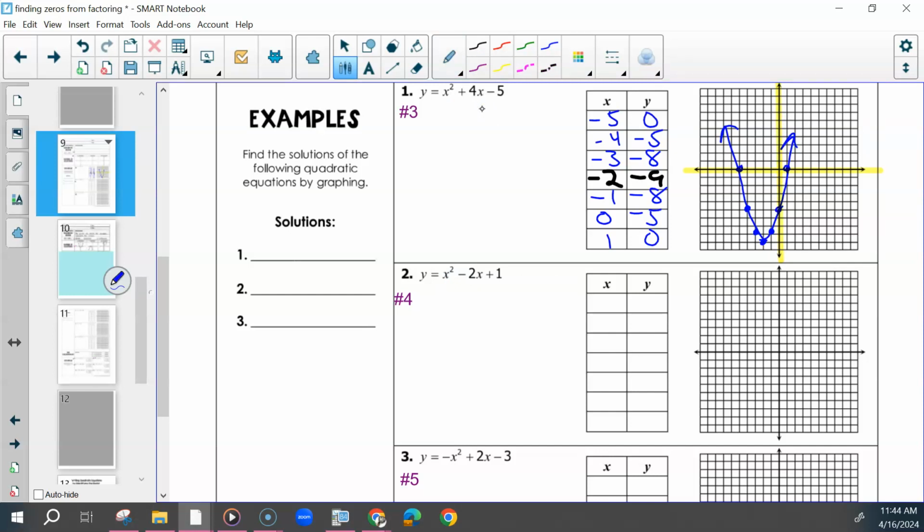How many solutions do we have? 2. What are they? -5 and 1. And you can look at that from the graph or from the table. Or for this one, because we have 2 solutions, it could have been factored.